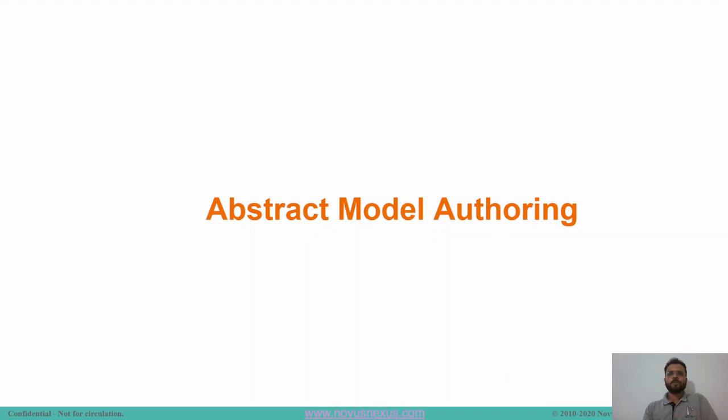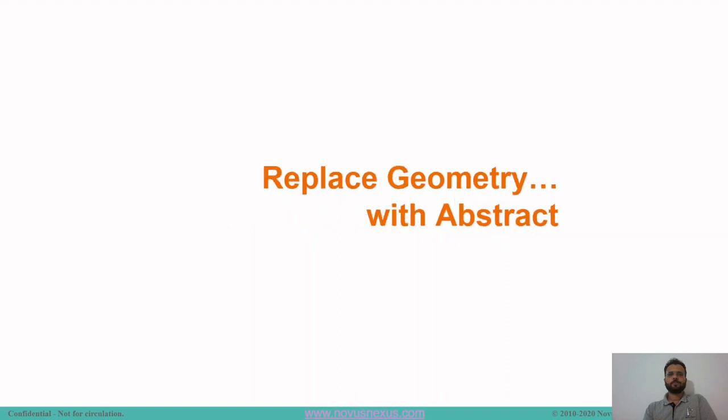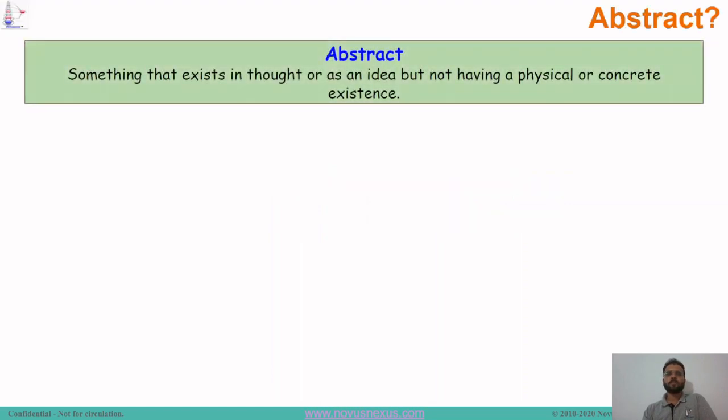Let's now move towards the main objective of this session, which is to understand abstract model authoring. Like we define real geometry using topology, we can also define abstract geometry, which is just imaginary, not a real one. So what is abstract?